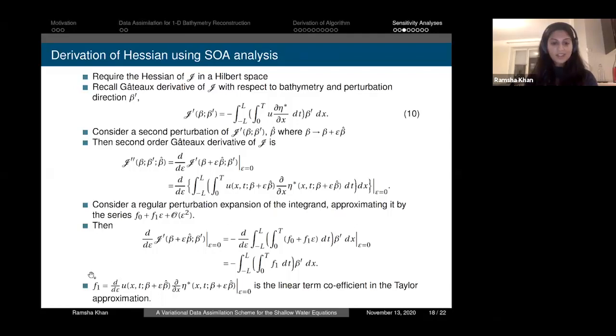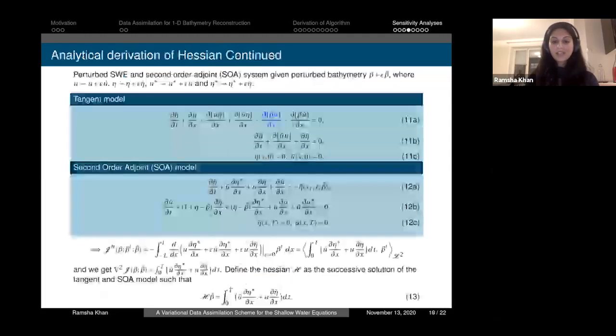But what that means is that we are required to find expressions for u given this second perturbation, and also our adjoint variable eta star given this second perturbation. And so what we do is we linearize about this perturbation, and essentially we find the perturbations in our adjoint and our state variables given the perturbation beta hat.